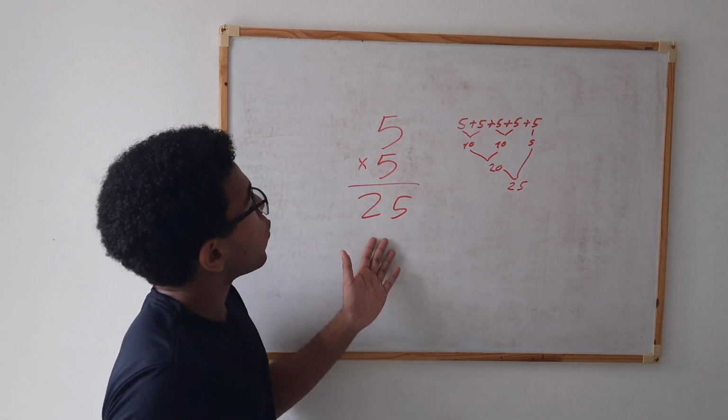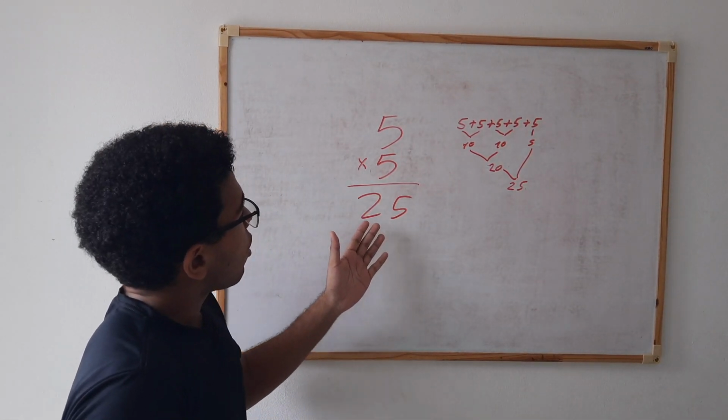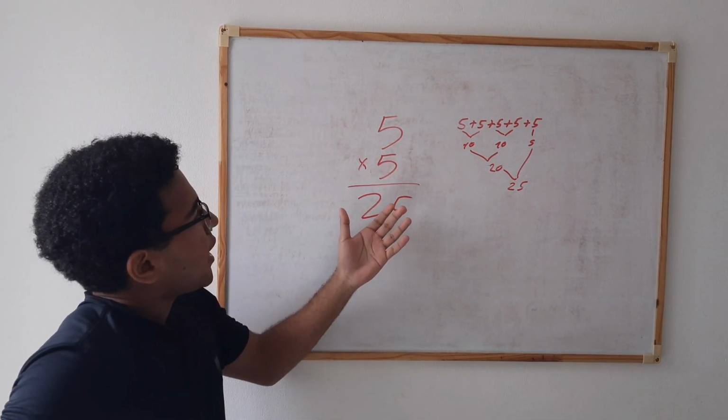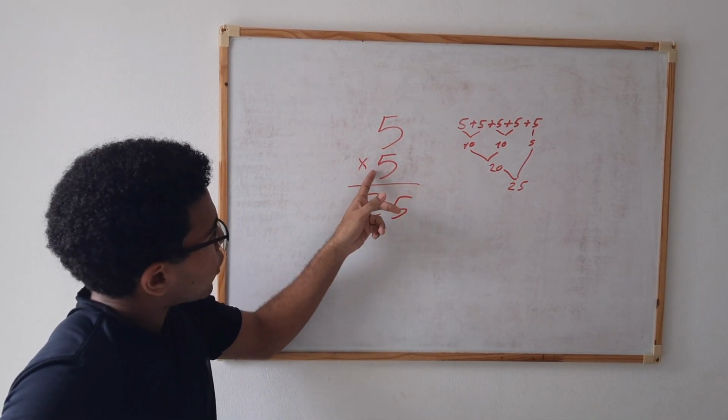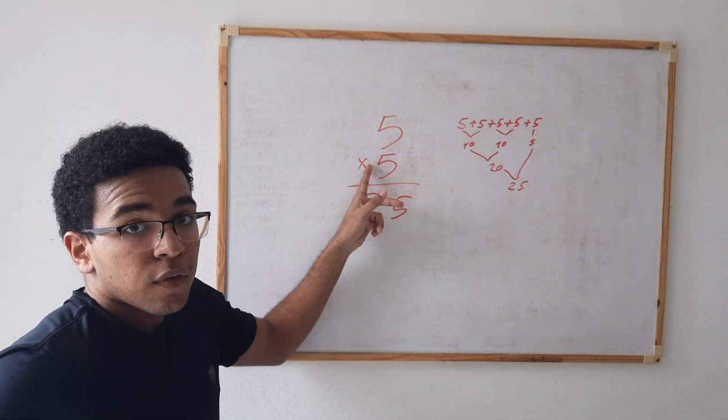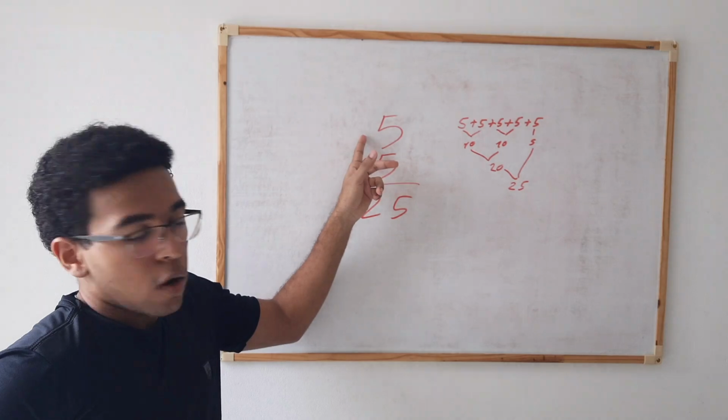What I have with multiplication is I am adding this number 5 to itself 5 times, okay?